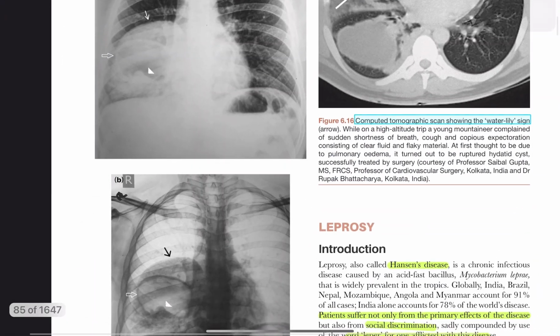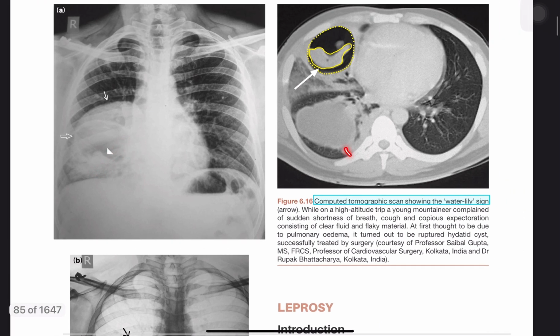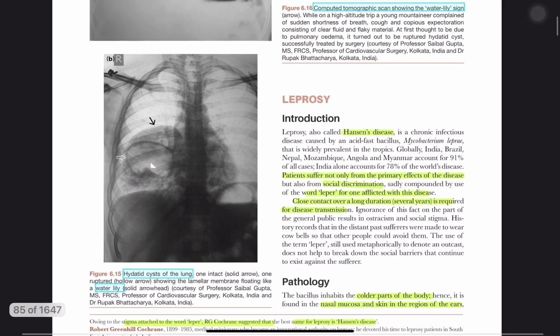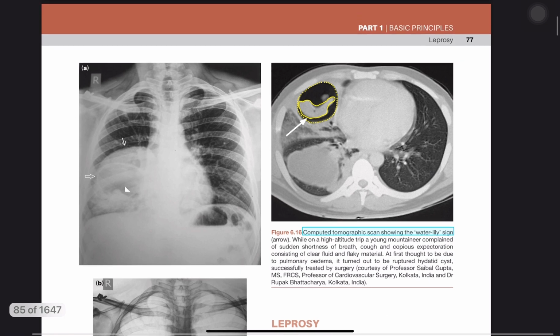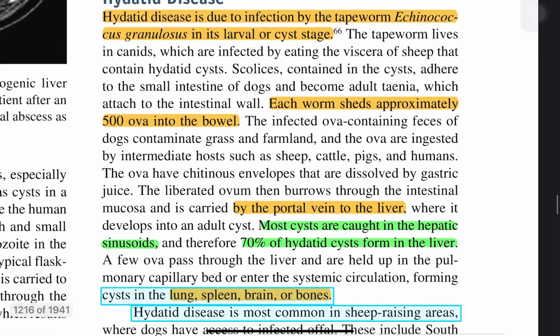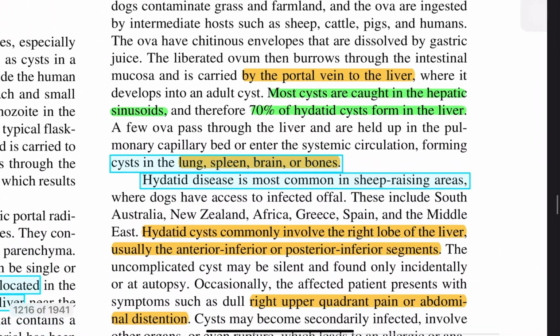These are pictures of the meniscus sign and water lily sign on CT scan. The water lily sign is also shown on X-ray, but it is mainly seen on CT. Any important point from Schwartz? A cyst can also present in the lungs, spleen, brain, and bone.